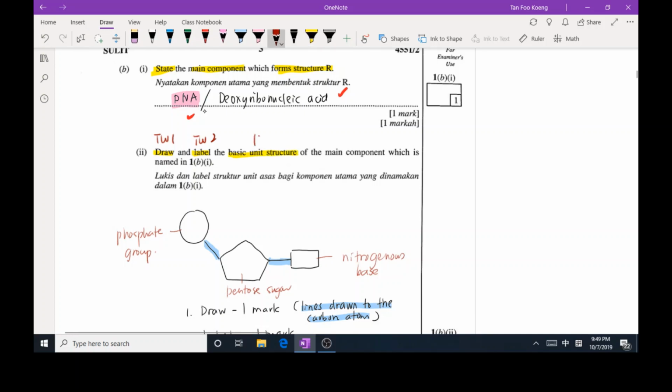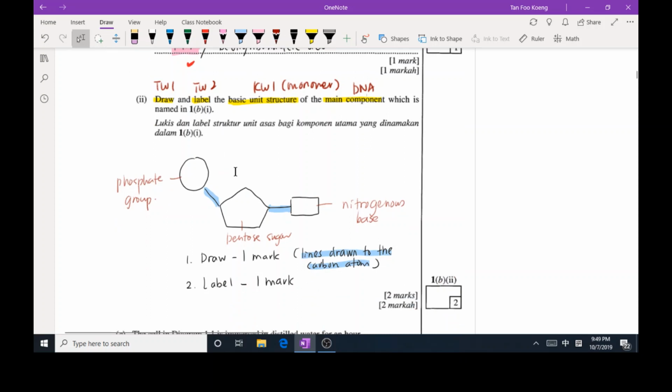This is our keyword number 1. Basic unit, or actually the monomer of DNA. It is the nucleotide. Alright, so this monomer is actually nucleotide.